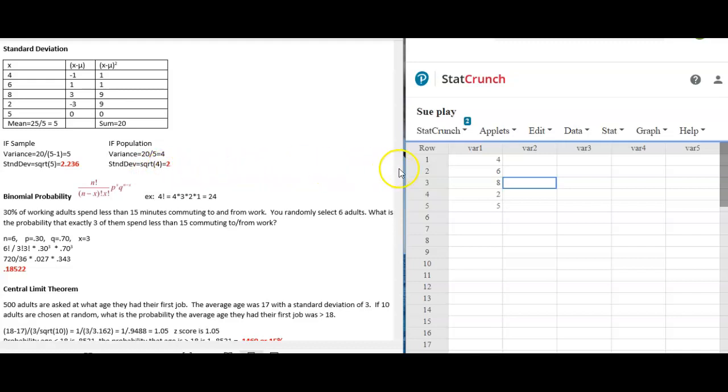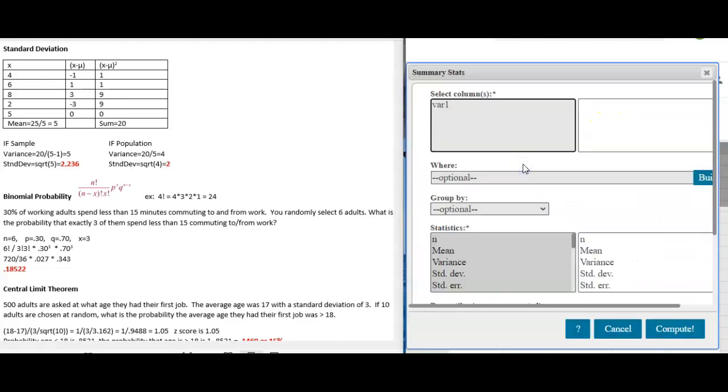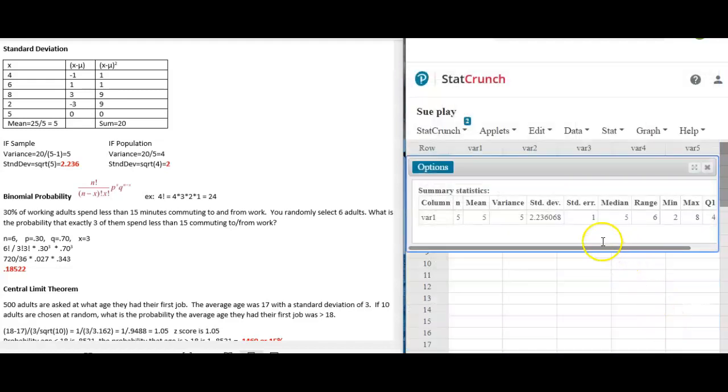What I want to point out to you in statcrunch, let's get the standard deviation. These are our values right here, 4, 6, 8, 2, 5. We'll go to Stat, Summary Stats, Column, and we'll go with the defaults, and you can see that the standard deviation is 2.236. statcrunch is defaulting to assuming that our data is a sample.